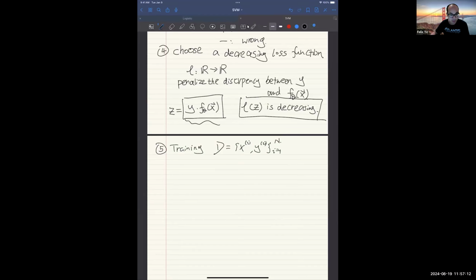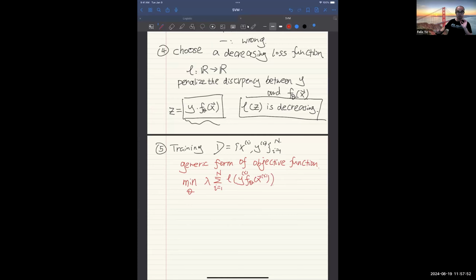So a generic form of my objective function is, I want to minimize over theta: lambda, the summation of this loss function from i equals 1 to n, of the loss function of y multiplied by these quantities.